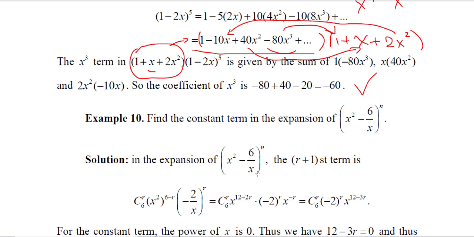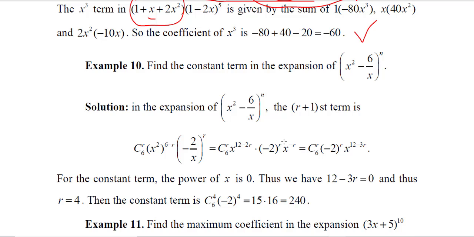So in the expansion of this expression, the r plus first term equals the combination r from 6 times x squared, 6 minus r power, times minus 2 over x, to the r power.